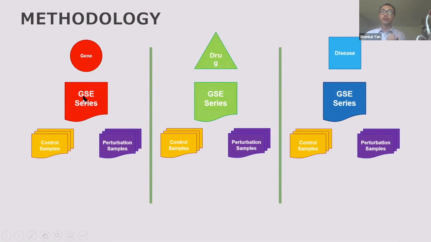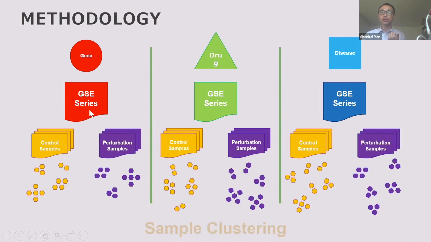Then from the GEO database, you can extract the relationships between the series and the samples. For the samples we have, we can extract the sequencing data from their data tables, and we can cluster these samples. Why are we going to cluster them?